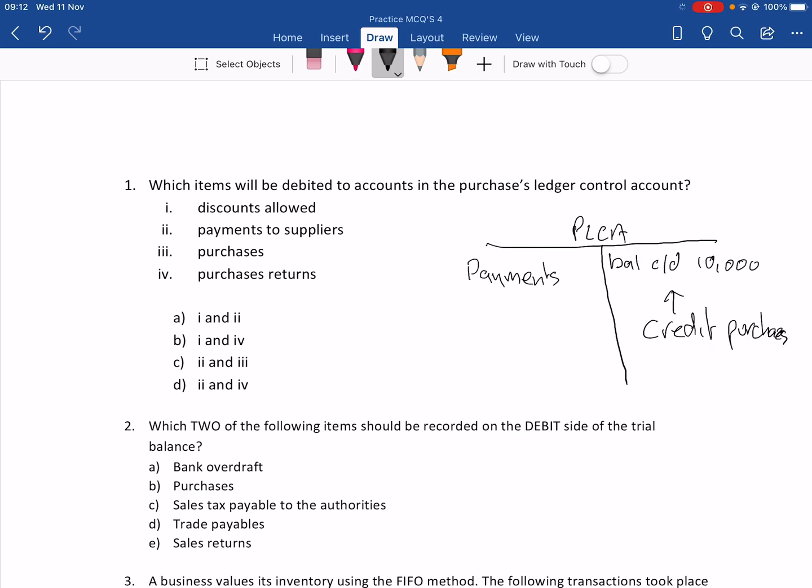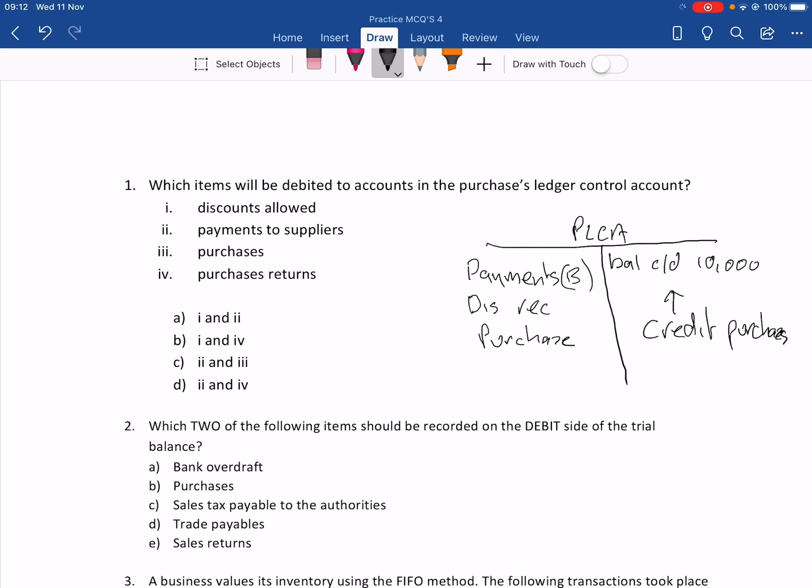So payments, that's from the bank. You've also got any discounts, so discounts that we received from our suppliers. So discounts received would reduce the amount of money that we owe them. And again, if we had any purchase returns, that would also reduce the amount of money that we owe our suppliers.